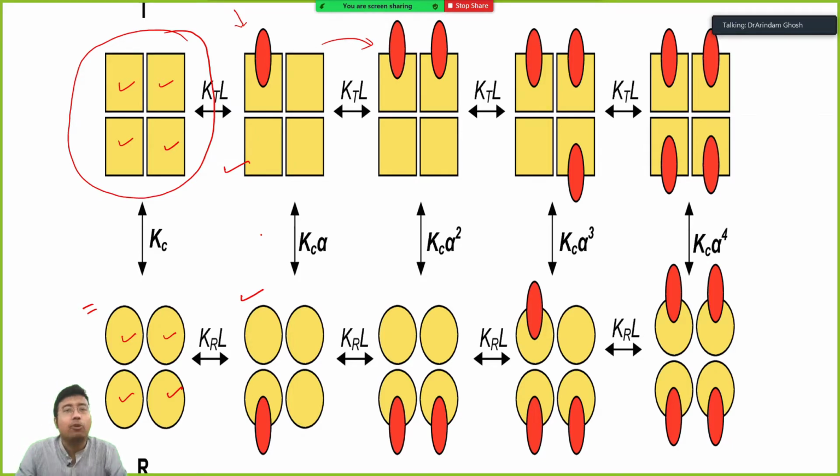The hypothesis of the MWC model states that allosteric proteins, or hemoglobin, simultaneously exist in taut and relaxed form. I am giving you time to write it down.